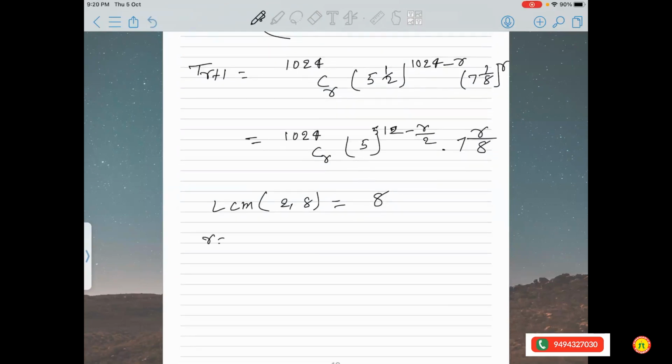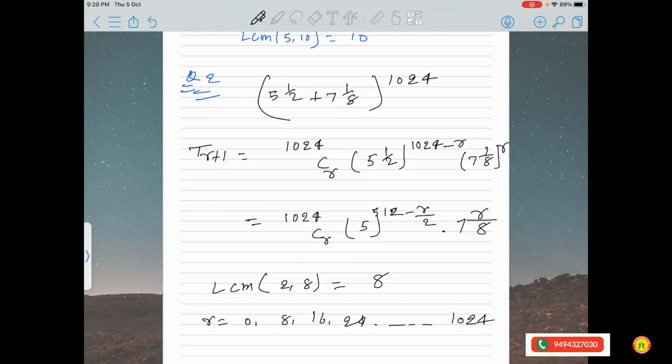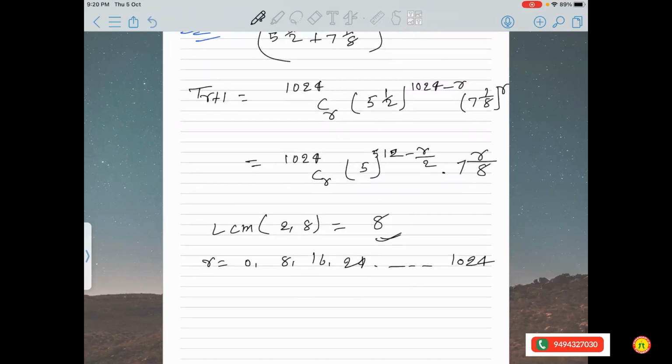So r is equal to 0, 8, 16, 24, up to 1024. So for the number of integral terms, always take the LCM of 2 and 8, which is 8. r always belongs to 0 up to n, the last value. The difference of r is always the LCM of the denominators of r by 2 and r by 8, which gives 8. So 0, 8, 16, multiples like that.